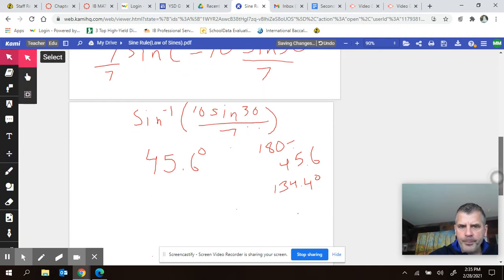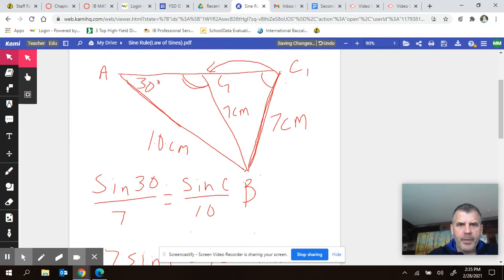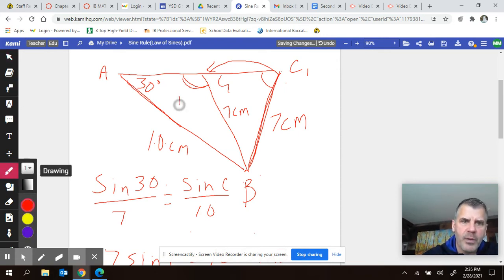Okay, so if we go back up here, we're going to put these values in. Let's put this in up here as this is the one that's going to be the 134.4. And this is going to be the 45.6 degrees.